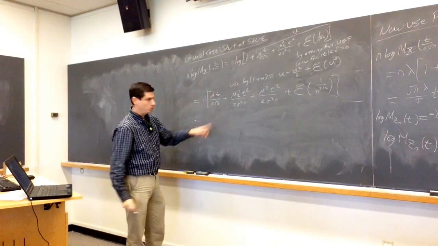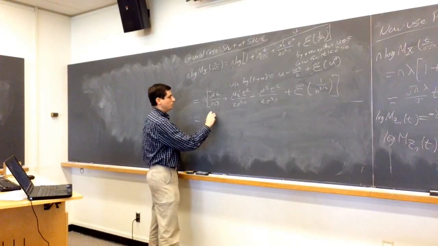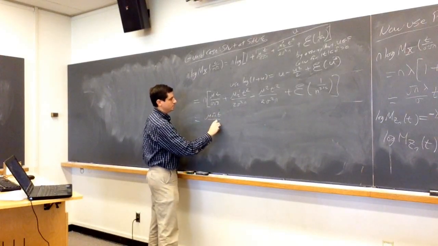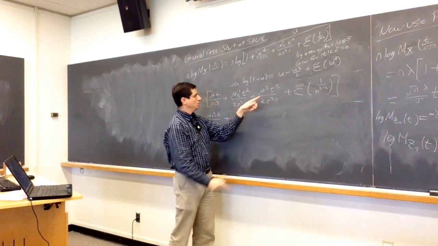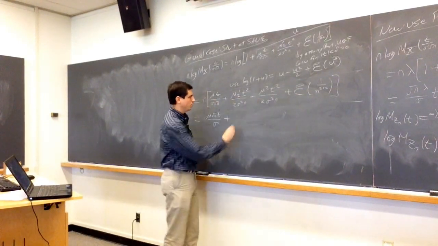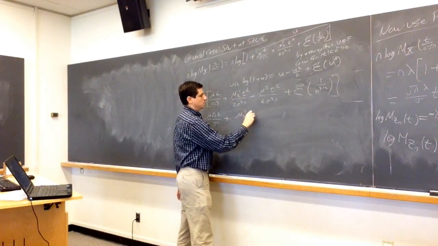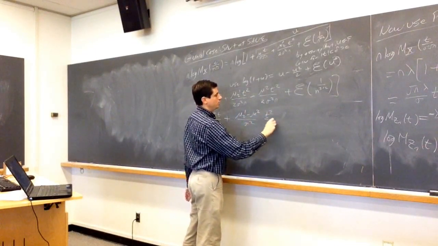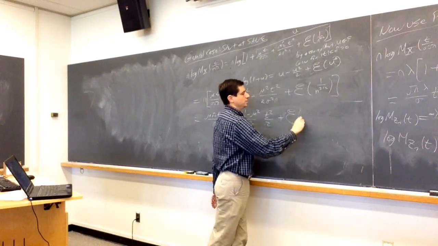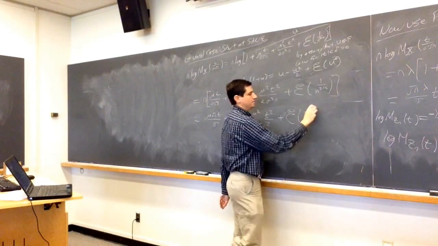When we multiply through, we're going to get a mu square root of n t over sigma. Now for the next one, the n's cancel. We get mu 2 prime minus mu squared over sigma squared, t squared over 2, plus some error of size 1 over square root of n.